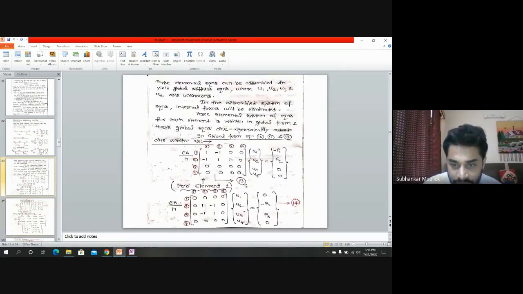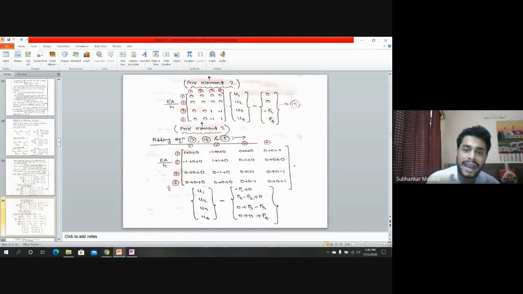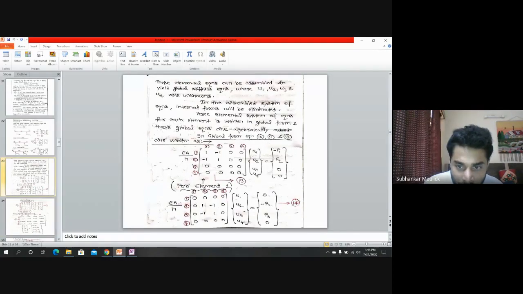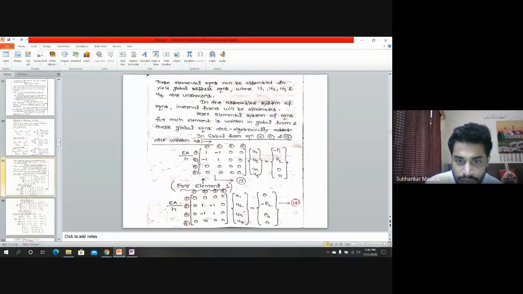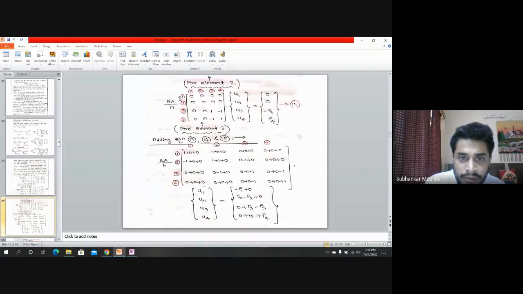If you add equations 13, 14 and 15, again it will be a 4 cross 4 matrix, 1, 2, 3, 4, 4 columns and 4 rows. That means 1, 1 of equation number 13 plus 1, 1 of equation number 14, that is 0, plus 1, 1 of equation number 15, that is 0.